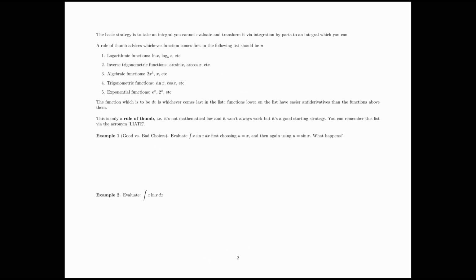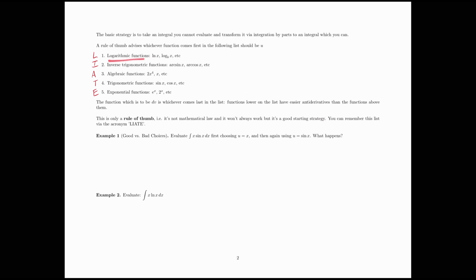Okay, take a look at this next thing here on the next page, which is a little strategy, the LIATE rule. Essentially, we take the first letter of each of these categories, and each one is a specific family of functions.